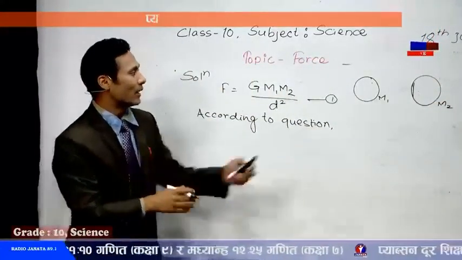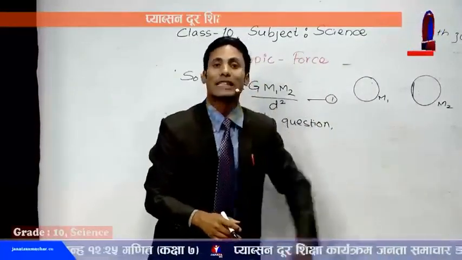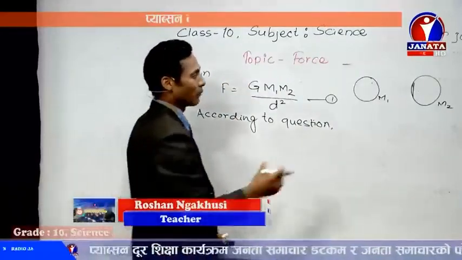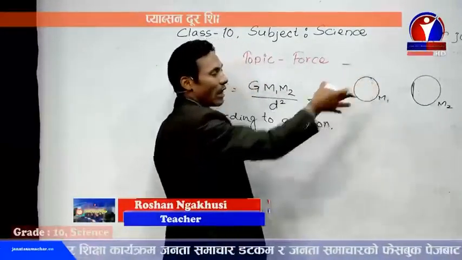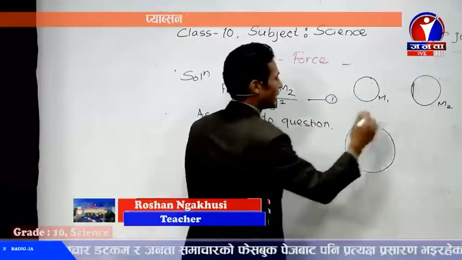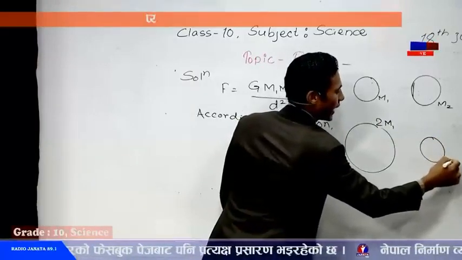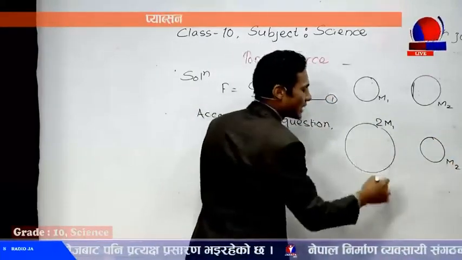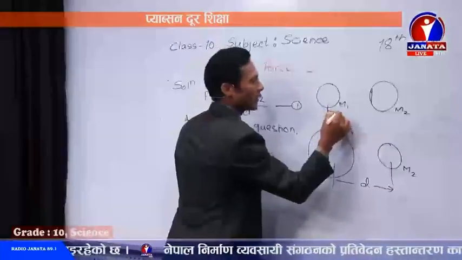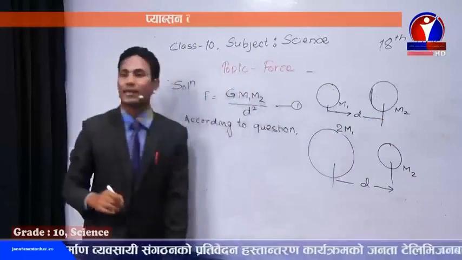At the start, m1 is the mass of the first object and m2 is the mass of the second object. Now, if one of the masses is doubled, let's say I double this m1, that is, I increase the size by 2 times. That is 2m1, and this one is m2 as it is. And the distance between them is again constant. This is the distance, and the distance is as it is.